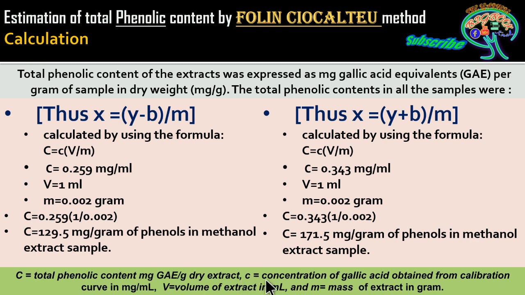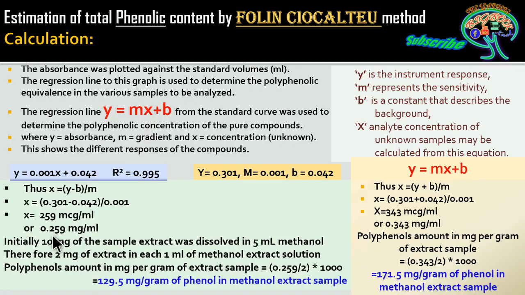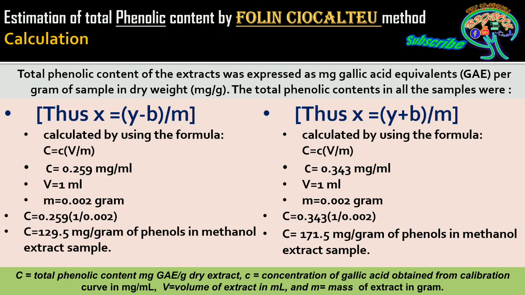Further, the lowercase c is the concentration of gallic acid obtained from the calibration curve in milligram per ml. Here the concentration of gallic acid obtained is 0.259 milligram per ml. So here you can see calibration curve in milligram per ml, so that concentration we are going to take. Further, V is the volume of extract in ml.